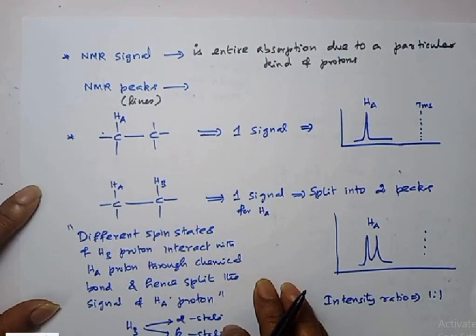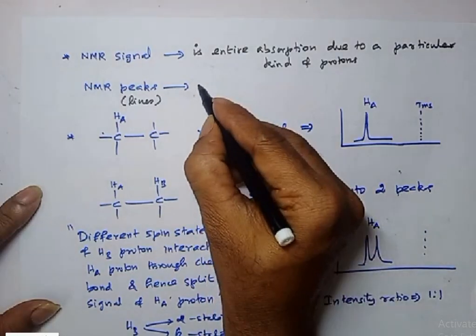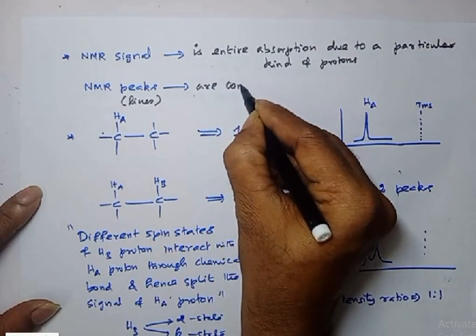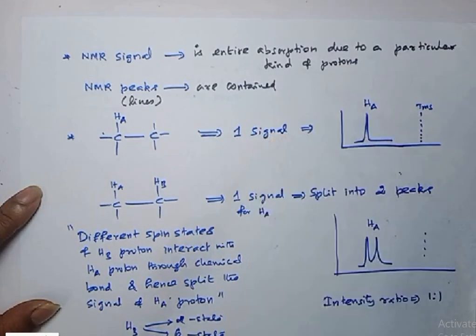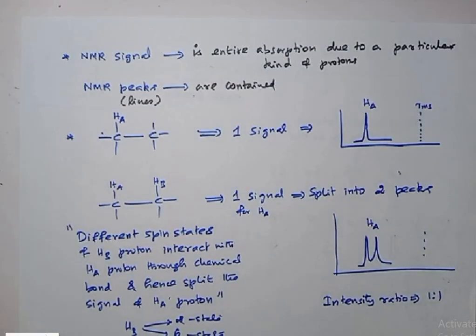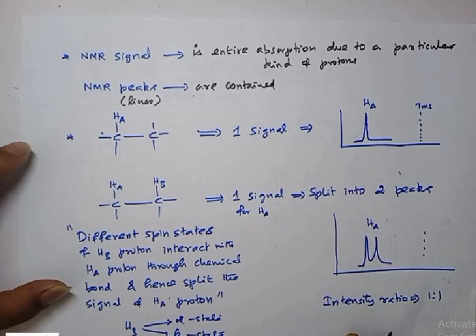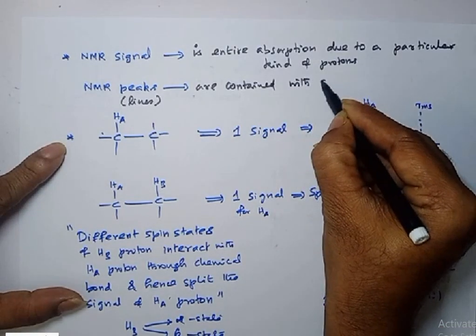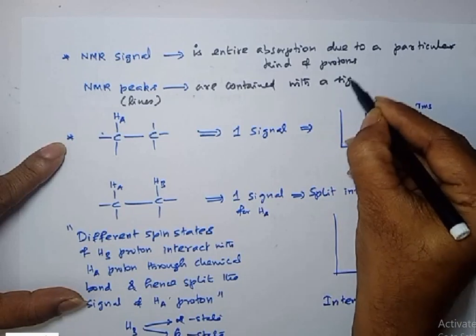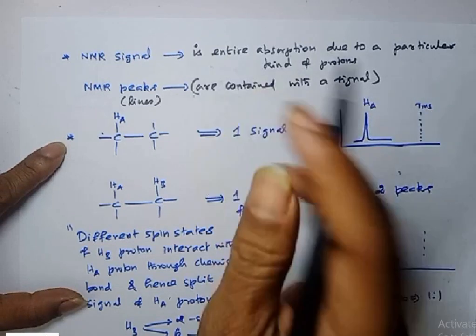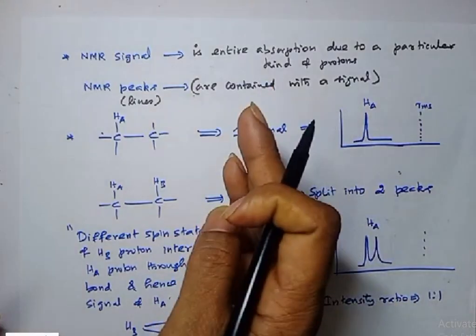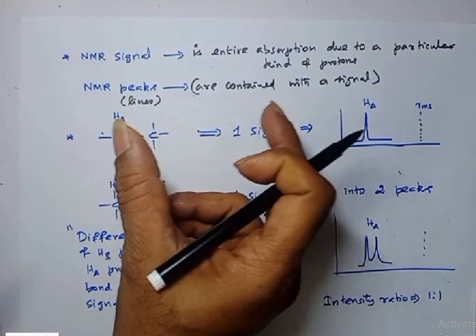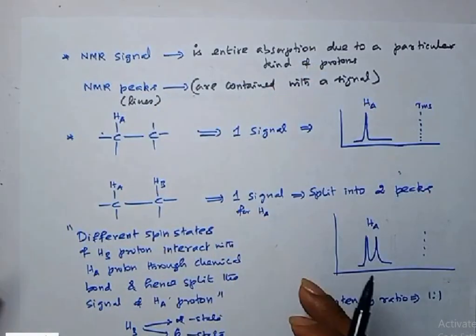NMR peaks are contained within a signal. Observe carefully. One signal, if it splits into two, we call that a doublet.